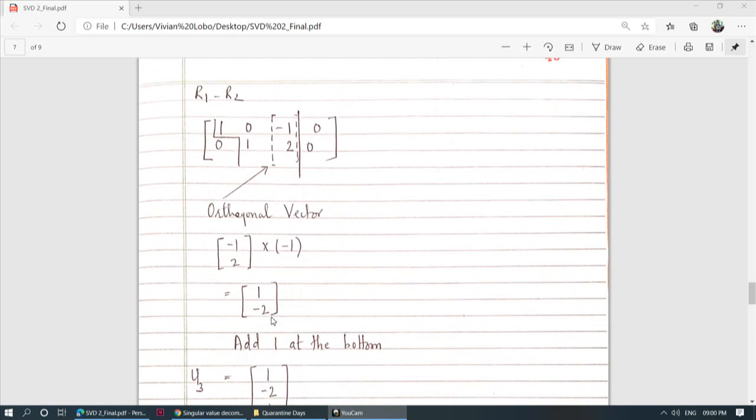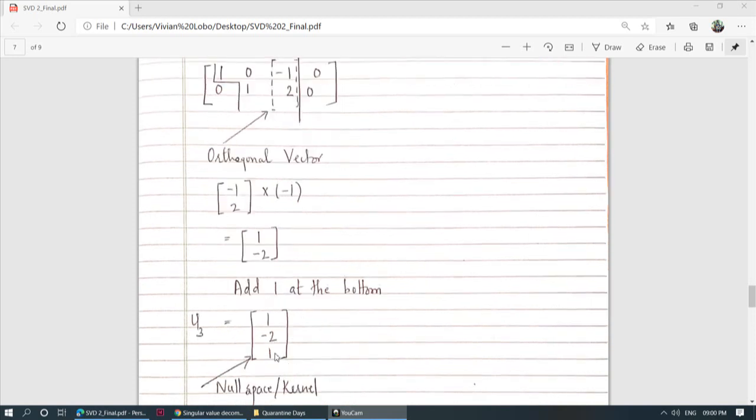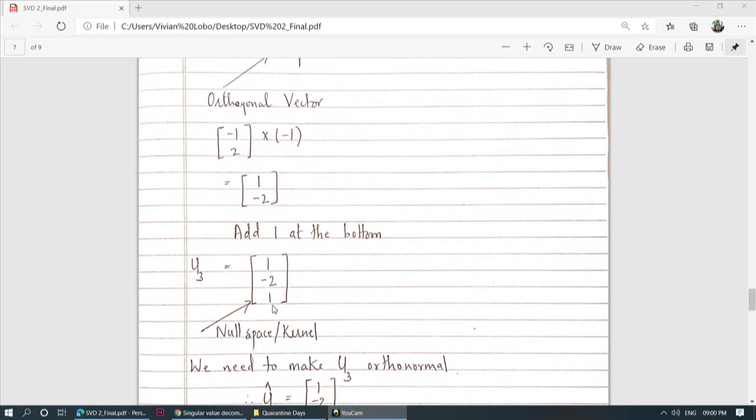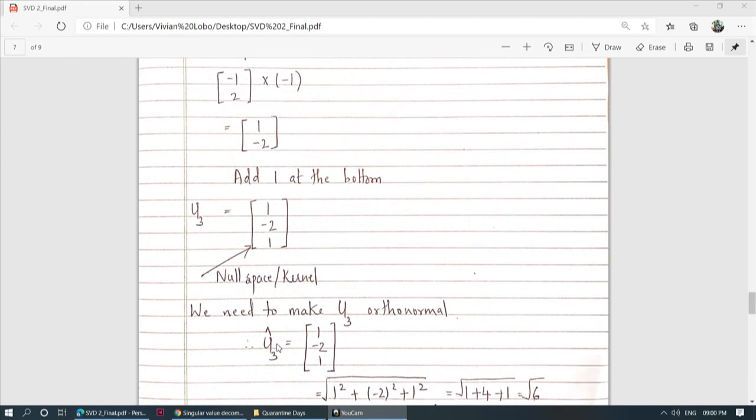And because we have got 3 rows, we add 1 at the bottom, so that it is in line with U1 and U2. So we have got 1, minus 2 and 1. So this gives us U3. But we have to make this U3 orthonormal, which is nothing but U3 cap.